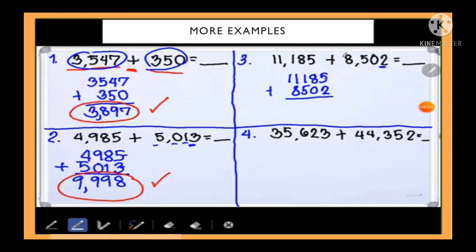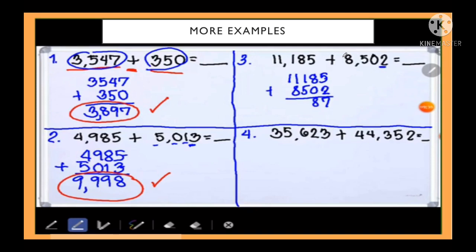Alright, so 5 plus 2. Show me your fingers. What is 5 plus 2? 7. Correct. So we have 7. 8 plus 0. 8. Good job. 1 plus 5.